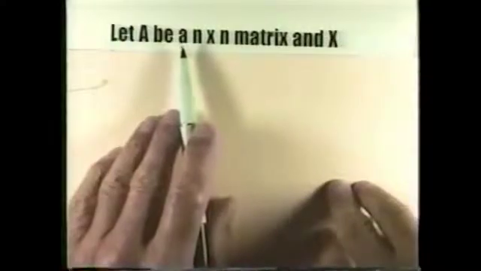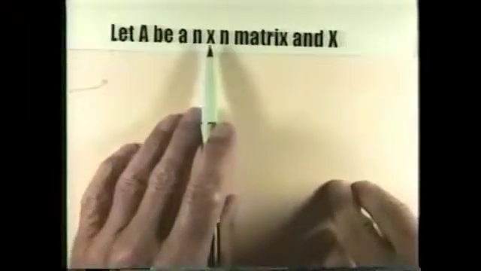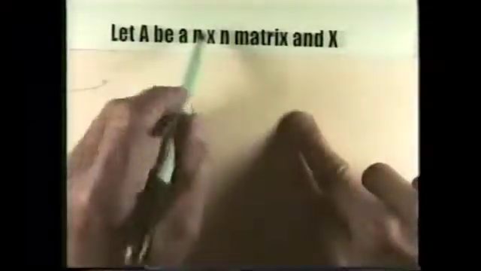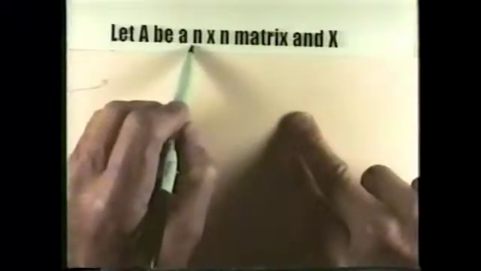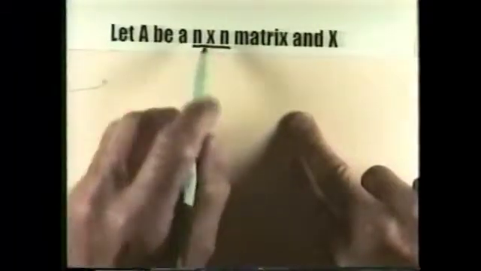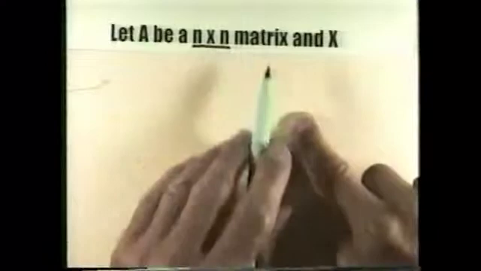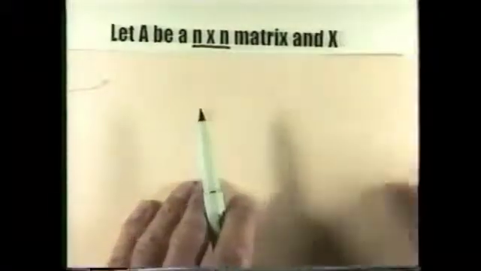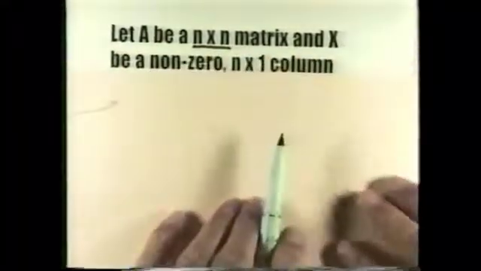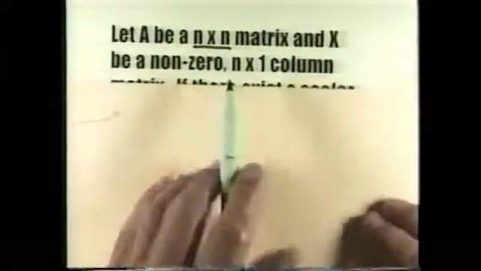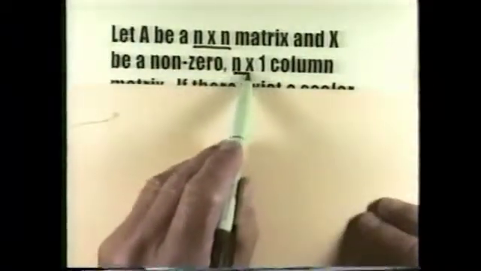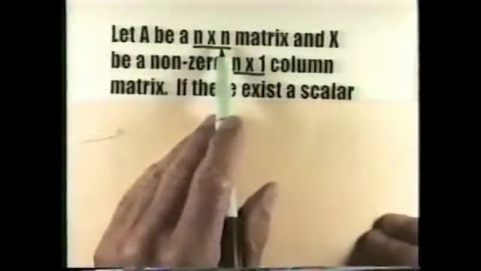Let A be an n by n matrix. In other words, A is a square matrix of dimension n. And let X be a non-zero n by 1 column matrix. So A is an n by n square matrix.